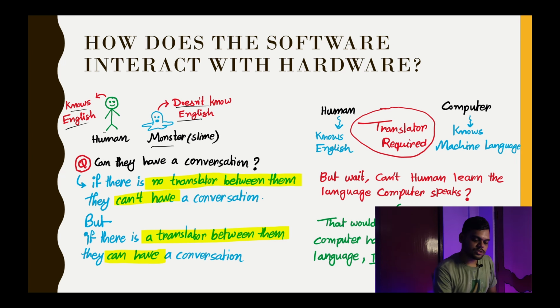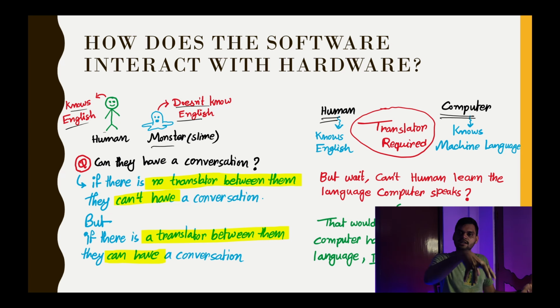Okay, so similarly, the human knows English, the computer knows machine language. The computer knows a language that is known as machine language or binary language. We have no idea how the binary language is working.